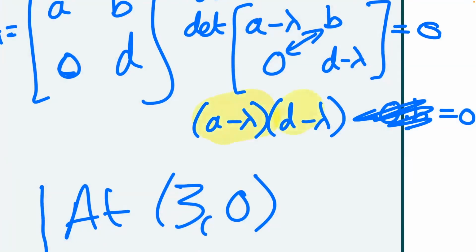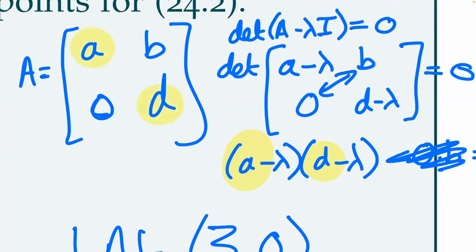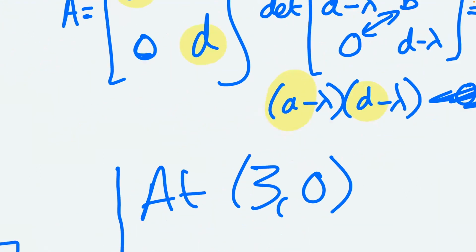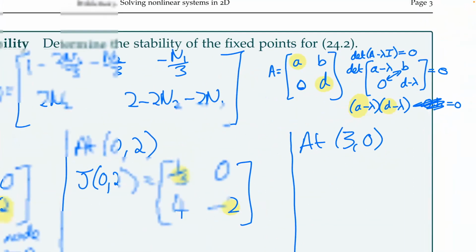We know that either a minus lambda has to equal 0 or d minus lambda has to equal 0, which tells me that my eigenvalues are a and d, which were just these values here. So when you've got a 0 in the bottom left or in the top right, your eigenvalues are just the elements on the main diagonal, and this is why. Okay, so that was just a little aside.